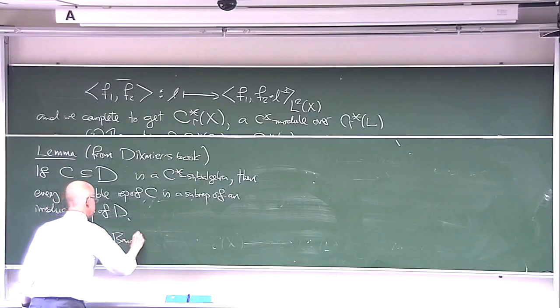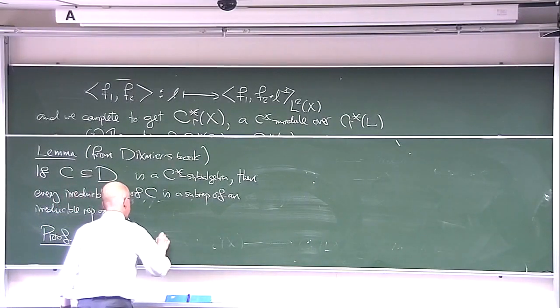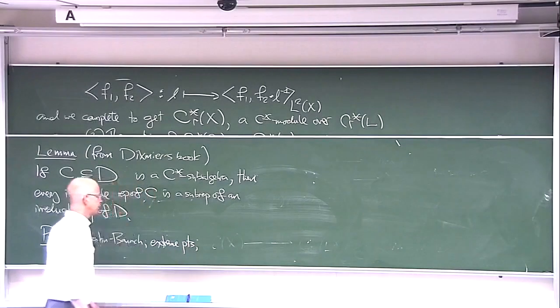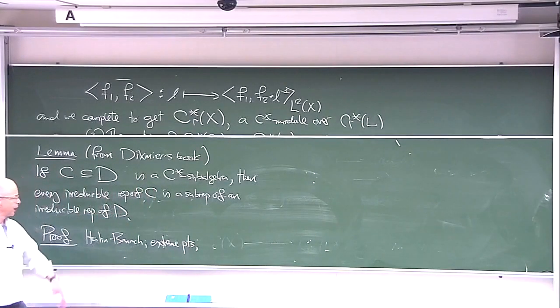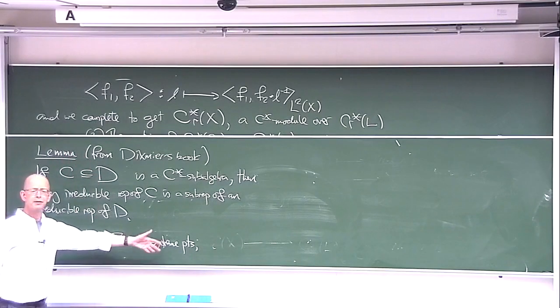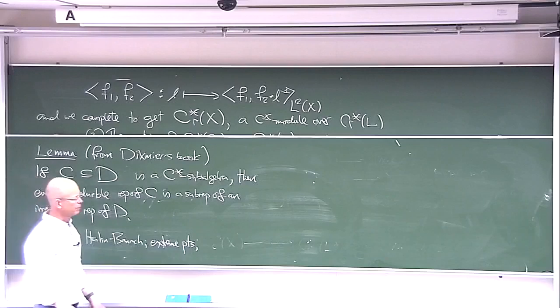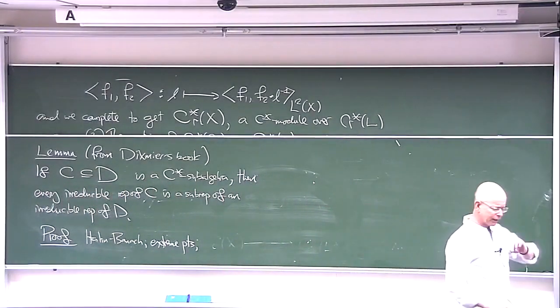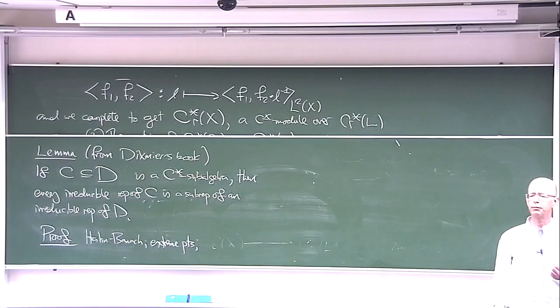And the proof is just one of these functional analysis arguments, very abstract, so the proof cannot be that hard. It uses the Hahn-Banach theorem, it uses some theory of extreme points. Remember we talked about positive linear functionals a while back. It turns out that extreme points in the convex set of positive linear functionals correspond to irreducible representations through the GNS construction.